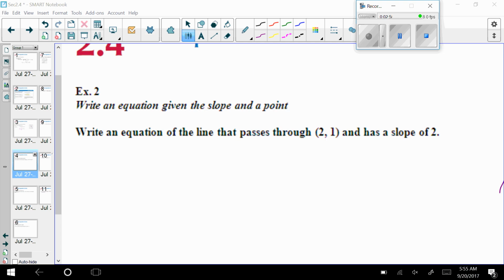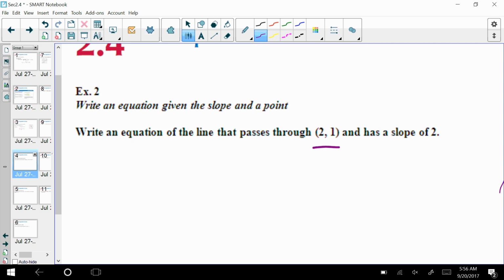But now if we're writing an equation for a line that passes through a specific point, and we're given its slope, we can write this in point-slope form.